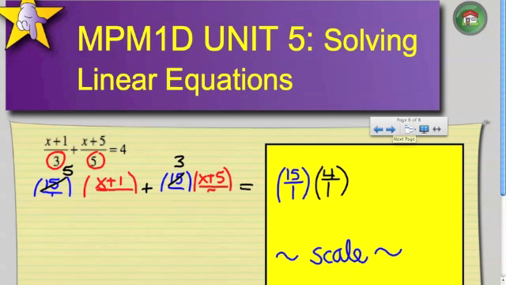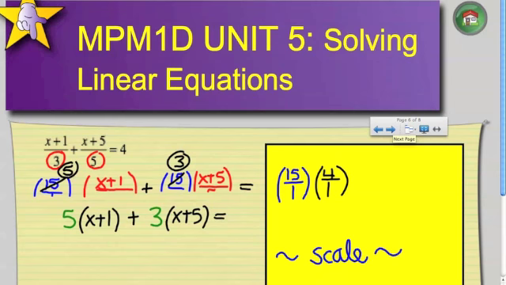Okay? So now I can rewrite this question as no longer 15, but 5 times (x plus 1) plus 3 times (x plus 5) is equal to, the denominators don't even exist here.